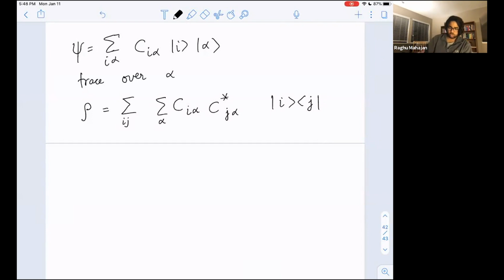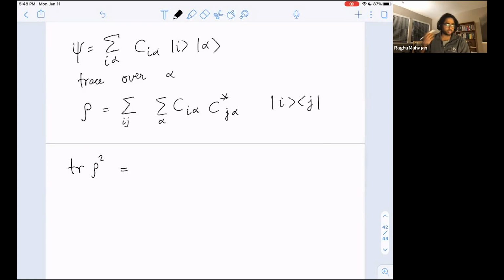You can see where this is going. We won't actually compute trace rho log rho, but the simplest object that people compute is trace rho squared. This is called the purity. It's equal to 1 if the state is pure, but less than 1 if the state is not pure. And if the state is maximally mixed, it's equal to 1 over the dimension of the Hilbert space. So it's a matter of how mixed the state is.